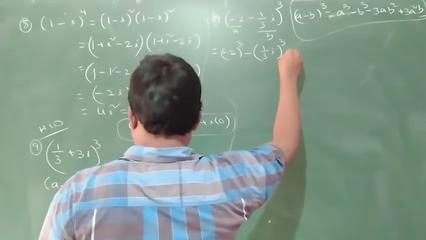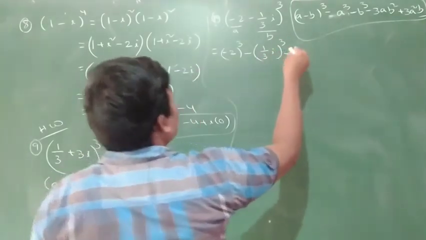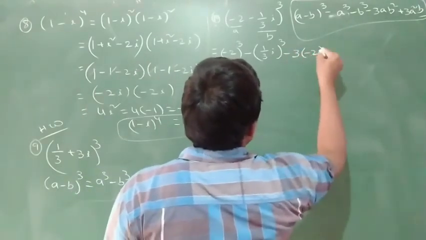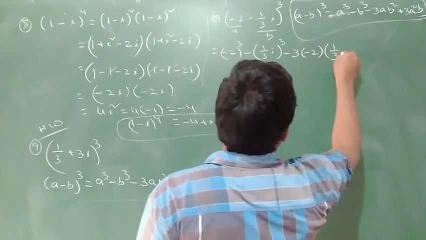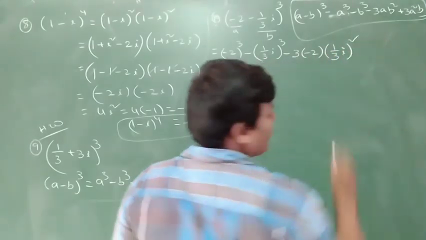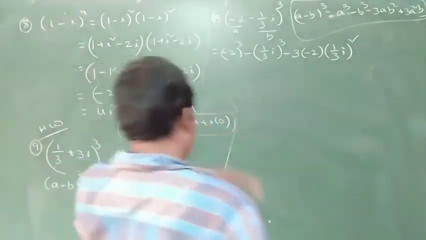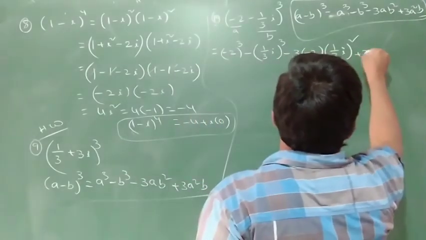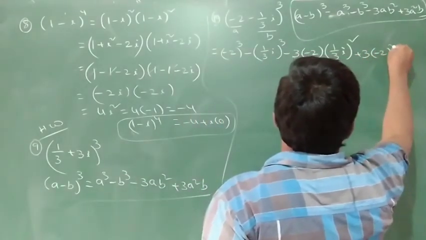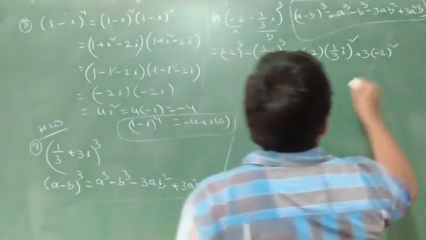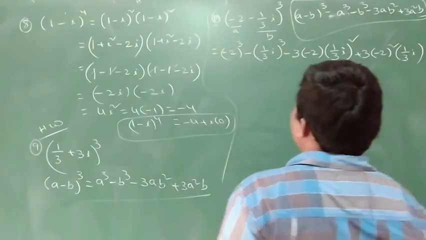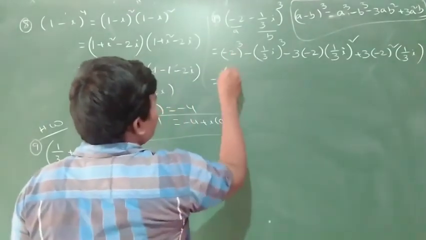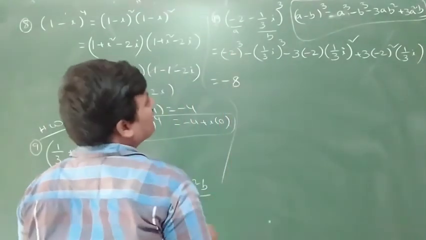Then minus 3ab square: a is minus 2, b square is 1 by 3i whole square. Plus 3a square b: 3a square into b, 1 by 3i. So minus 2 whole cube is equal to minus 8.